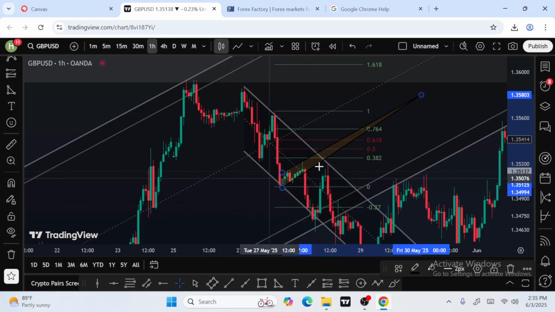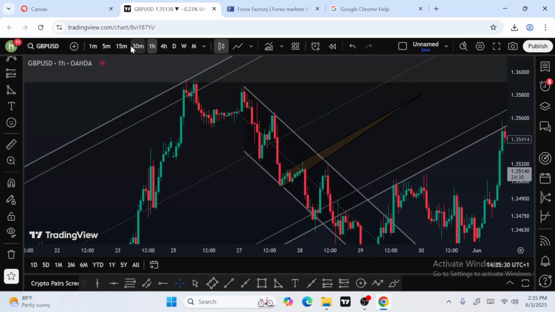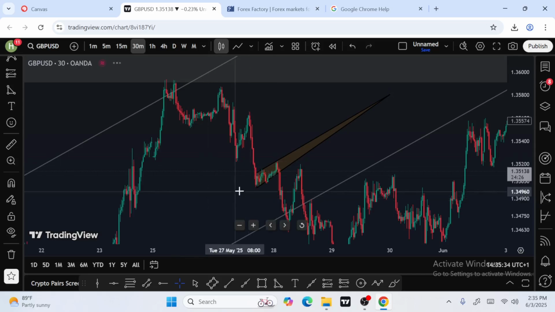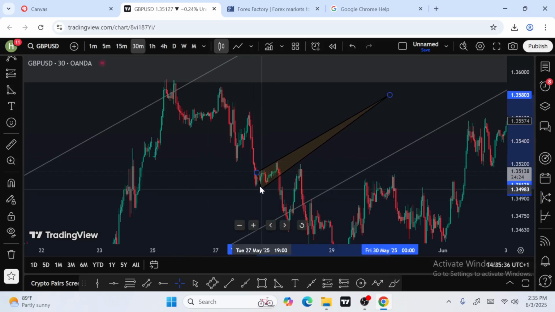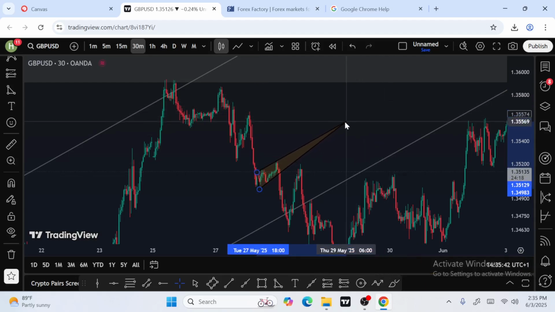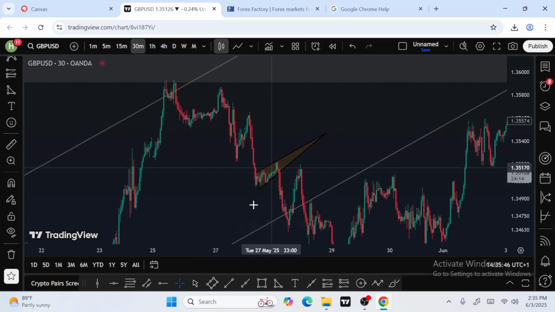Now if you are unable to construct it very well here, what will you do? Come down to a lower time frame, 30 minutes. Now, do you see the rising wedge? Where did it break out?